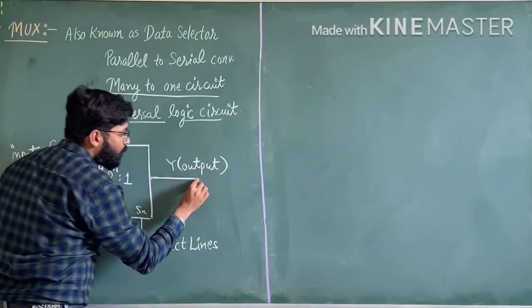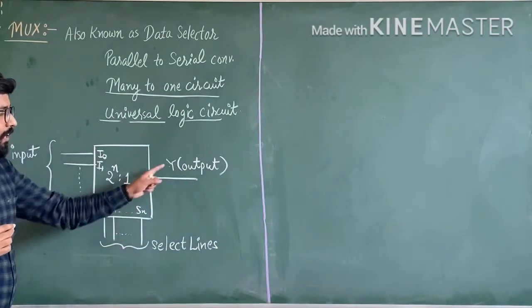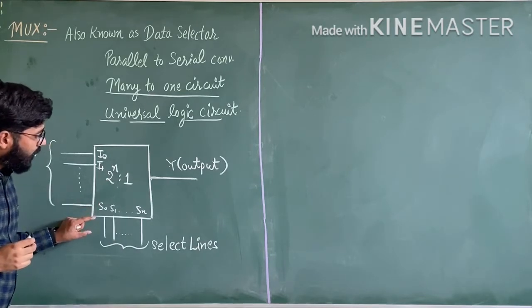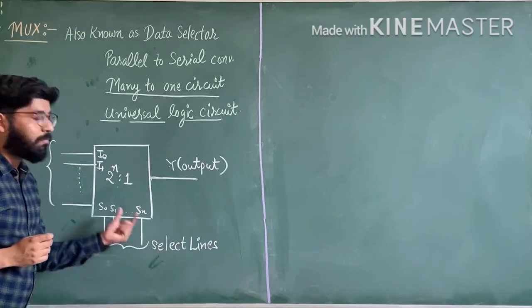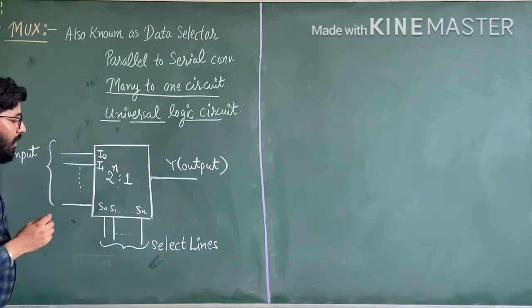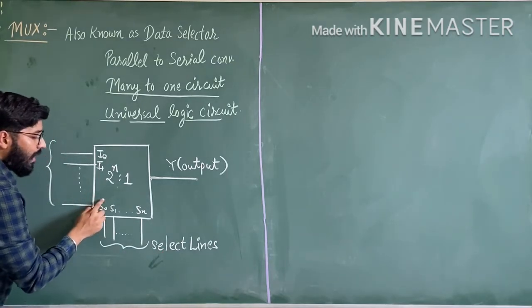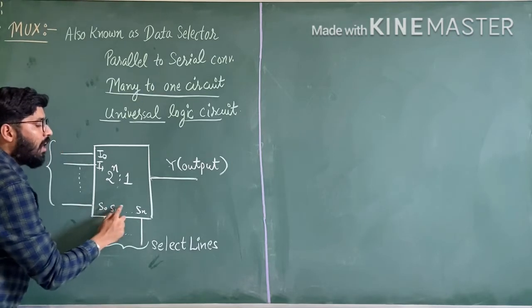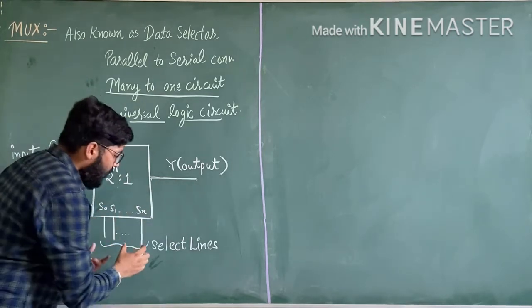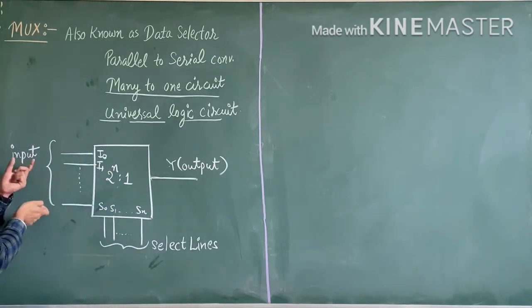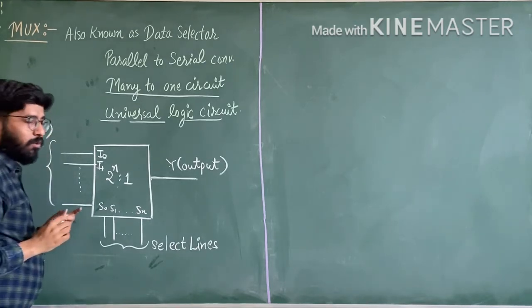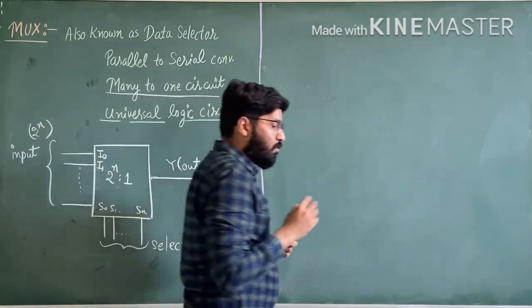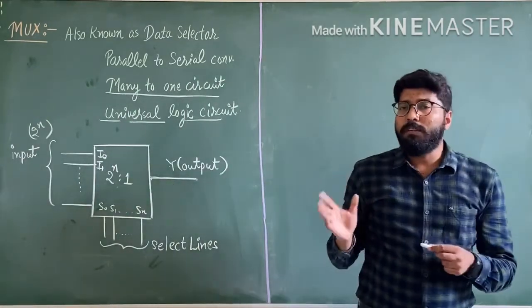This is the output, represented by the letter Y. We also have select lines, and with the help of the select lines, the multiplexer works. The select lines are represented by S0, S1 up to Sn. Suppose we have n select lines and 2 raised to the power n inputs, then this multiplexer is called a 2 raised to the power n to 1 multiplexer.